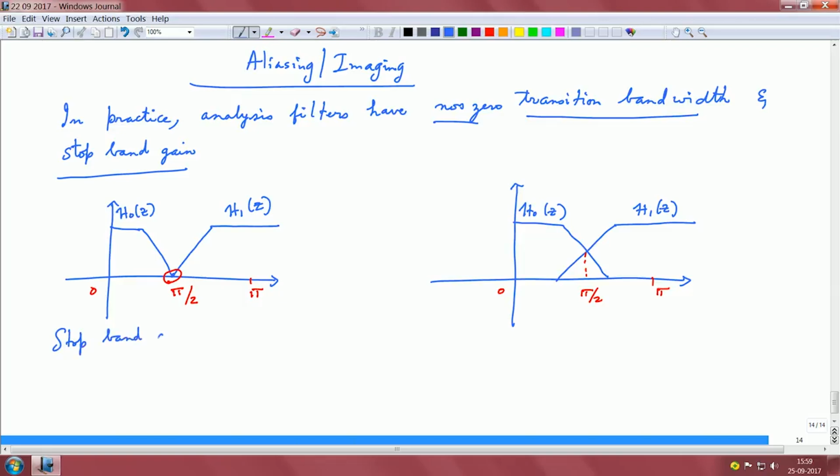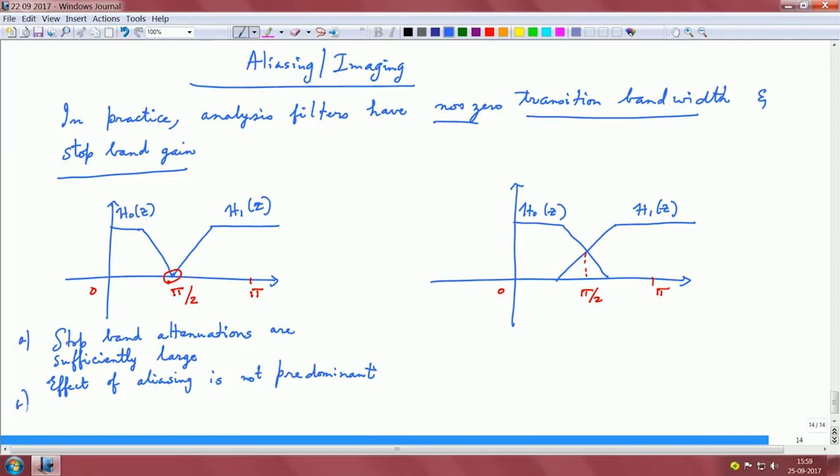Stop band attenuations are sufficiently large, so which means the effect of aliasing is not predominant, but there is severe attenuation at this frequency pi upon 2.